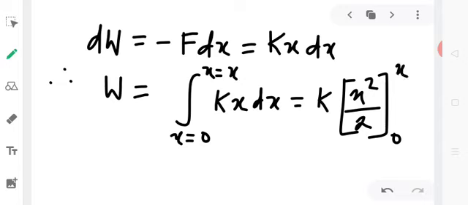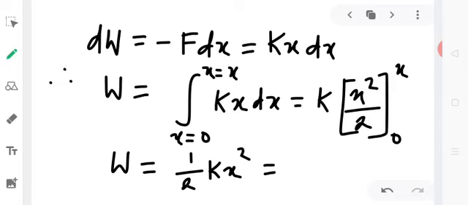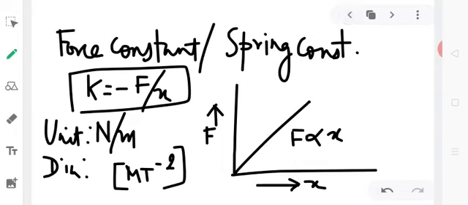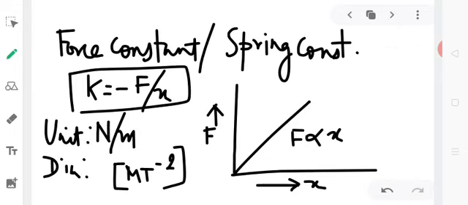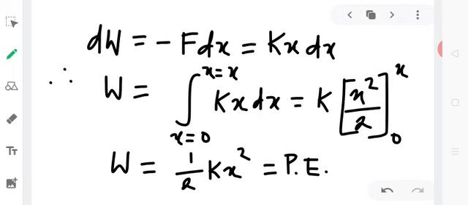So on putting the limits we get work done to be equal to half kx square. This work done is stored in the spring as potential energy of the spring. So therefore the potential energy of the spring after this displacement, as you can see in this picture, potential energy of the spring at B will be equal to half kx square.